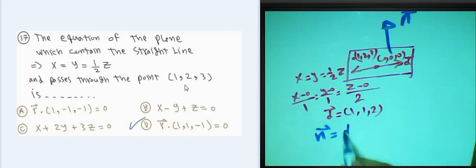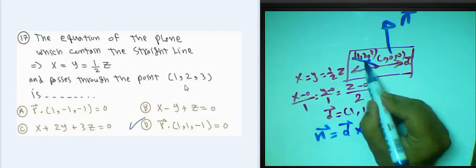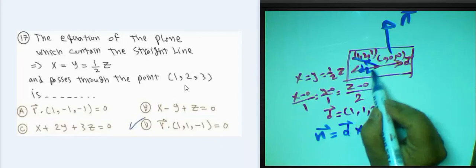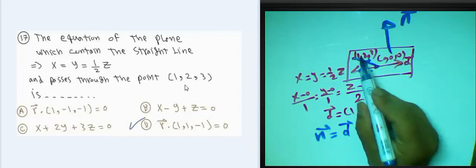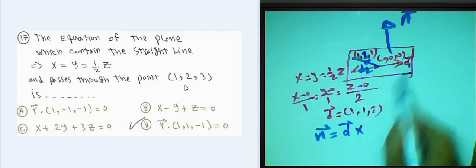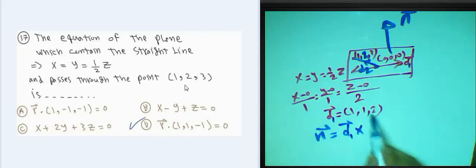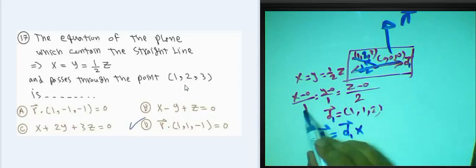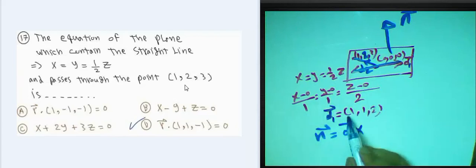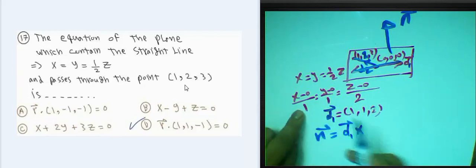We have vector 1, we call it d1 here, crossed with vector 2, I will call it d2, which lies between the origin point (0, 0, 0) and (1, 2, 3). And we have d1 here, (1, 1, 2), the vector of the straight line. The equation of the straight line here gives (1, 1, 2) in the denominators.